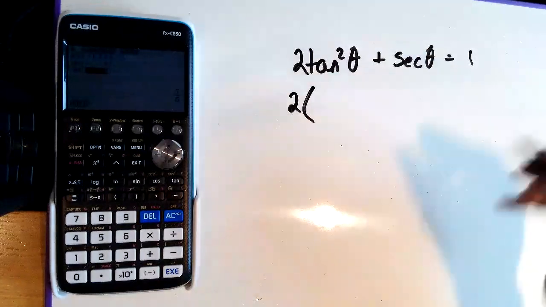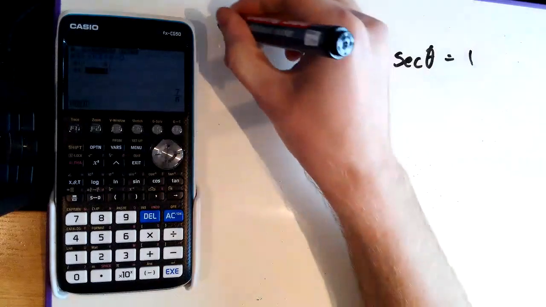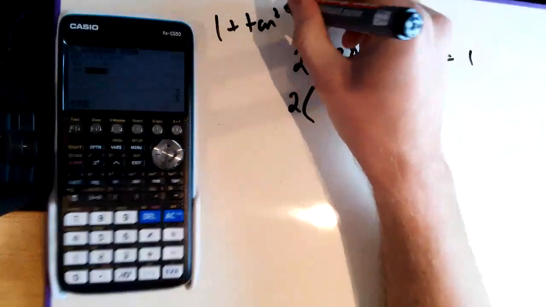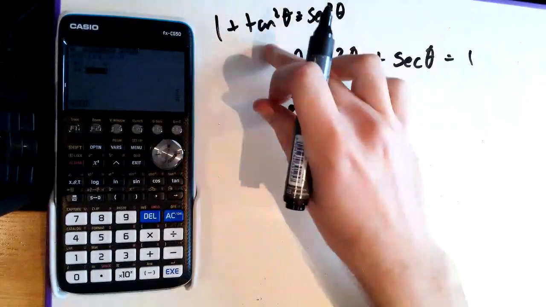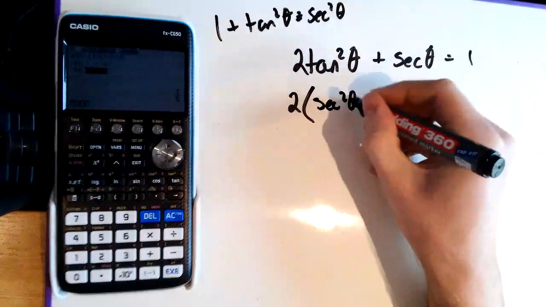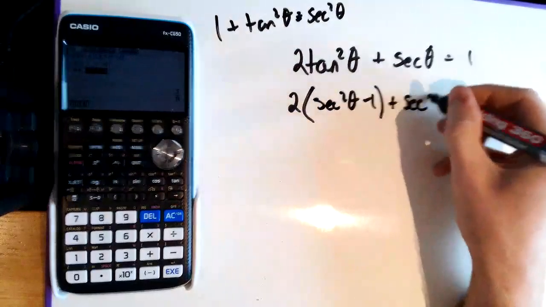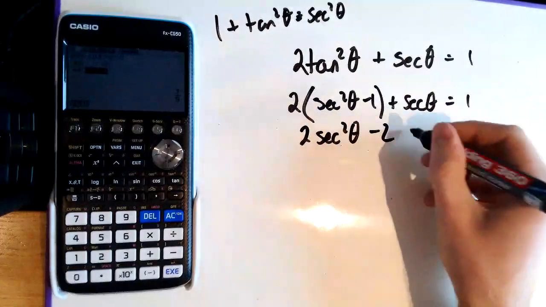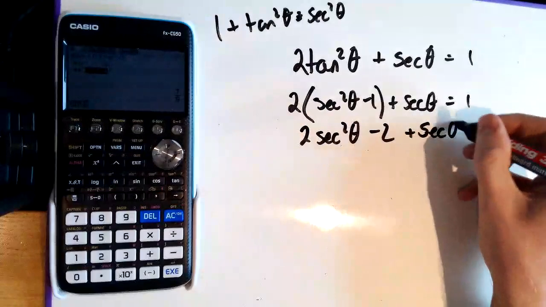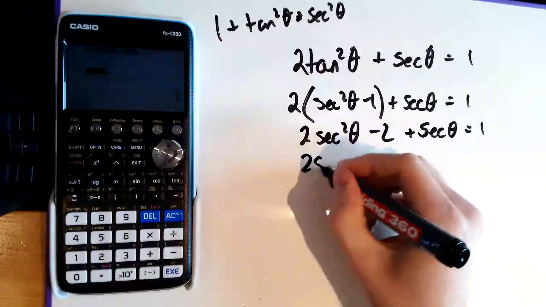So remember the formula, I'm going to write it, 1 plus tan squared theta is the same as sec squared theta. So tan squared is sec squared theta minus 1. So expand. Take everything to one side.